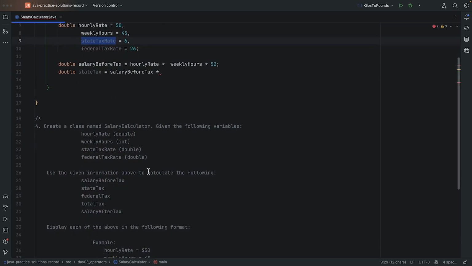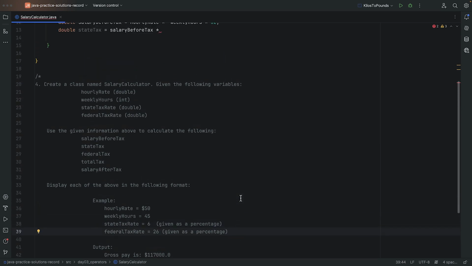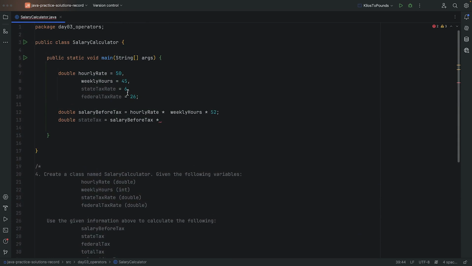Now, if you take a look here, it told me that these numbers were given as percentages. So I want to consider the 6 to be basically 6%. And so in order to find the state tax, I need to multiply this number by 6%. The way that I can do that is taking 6 and then dividing it by 100. So that'll help me to convert it to a decimal number.